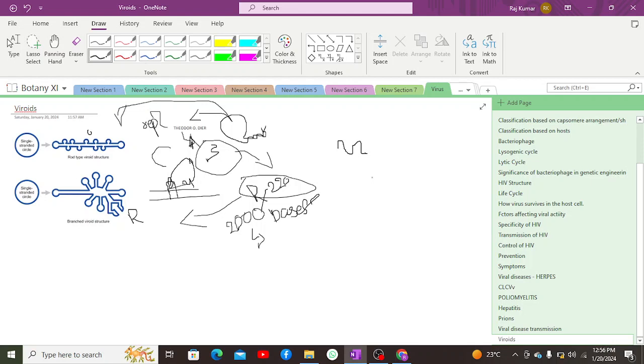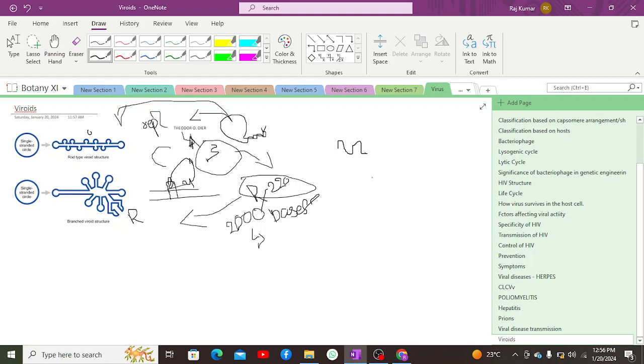It produces a zygote from which the embryo arises, from which the seed arises, and that seed is then able to transmit that particular viroid which was originally present within the pollen from the plant cell's plasmodesmata. So this is how the viroid enters the pollen as well as the seed.